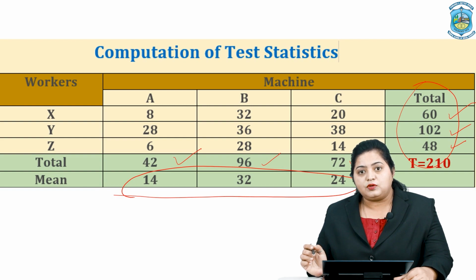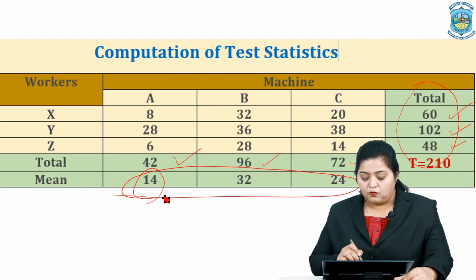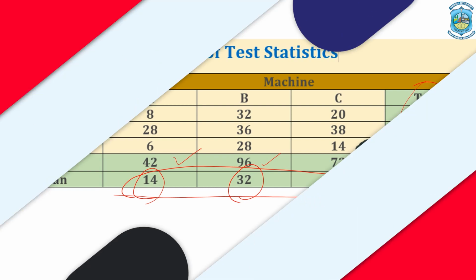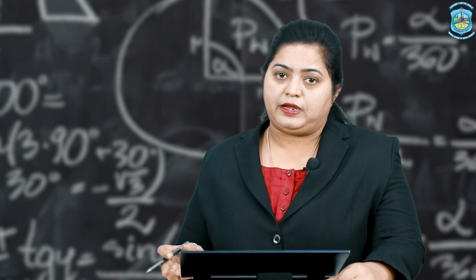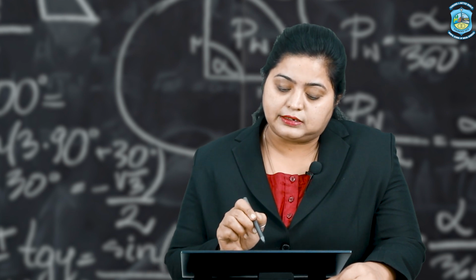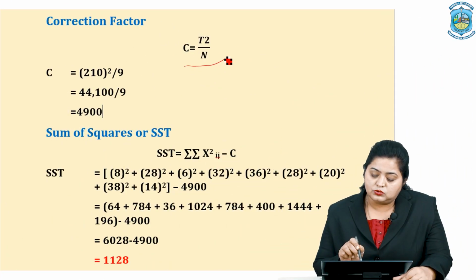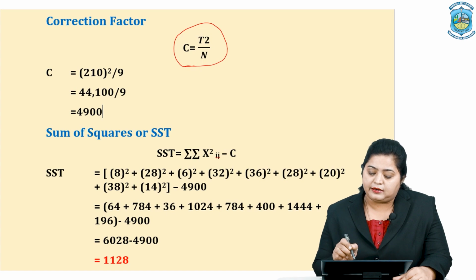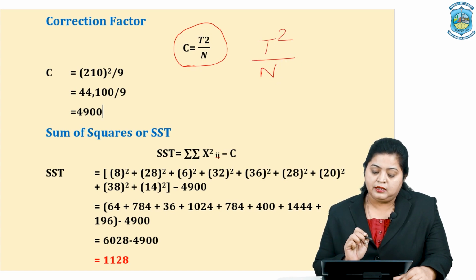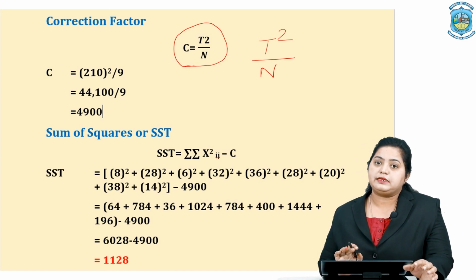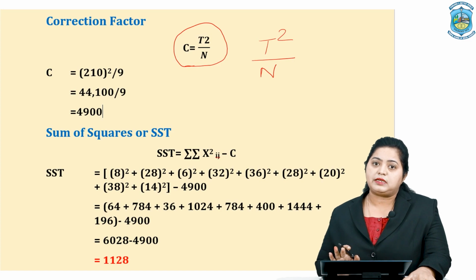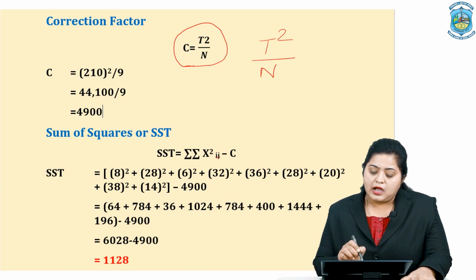After that we have to find the mean for the machines. After this total, we have to find the correction factor, and the formula for the correction factor is C equal to T square divided by N. Now RT, as per the previous slide, is the grand total of all the items, and our total RT is 210.